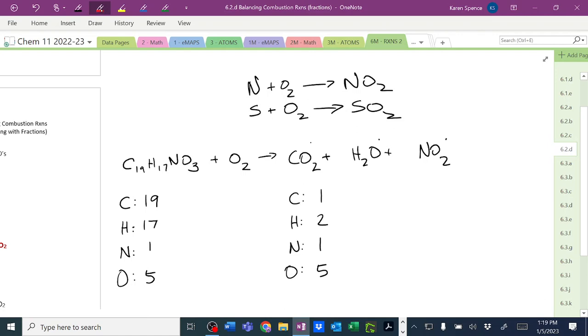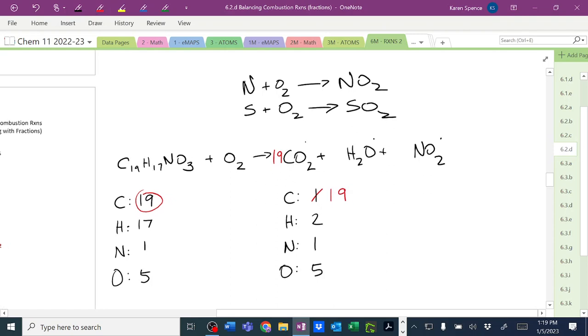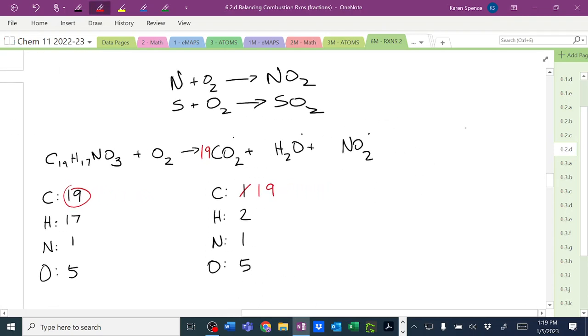All right, carbon first. We need 19. So that changes my carbon to 19, but it also changes my oxygen. Now I have 19 times 2 is 38, but I also have another 1 and another 2.